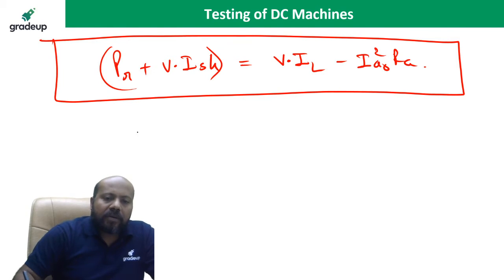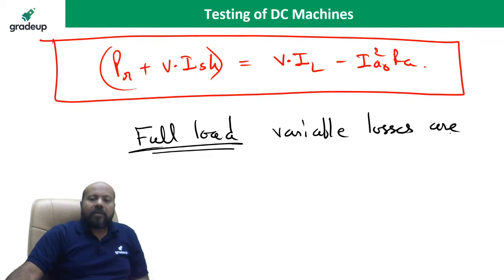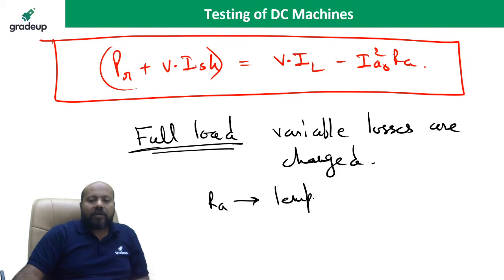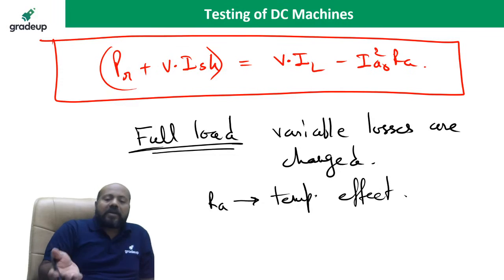Now suppose you want to operate your machine for full load condition. For the full load condition, the variable losses are going to change, and RA will change because of the temperature effect, because when you are operating your machine on full load, the temperature is going to rise.